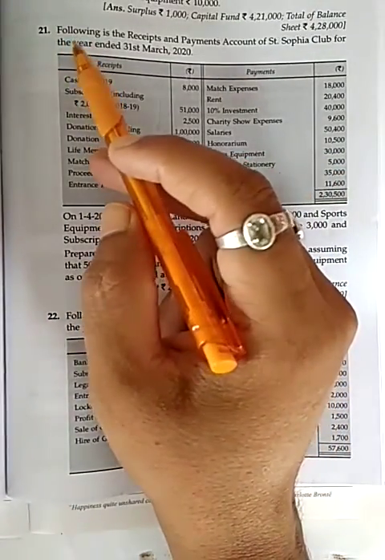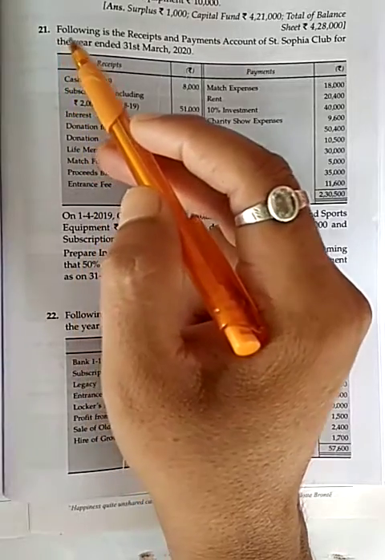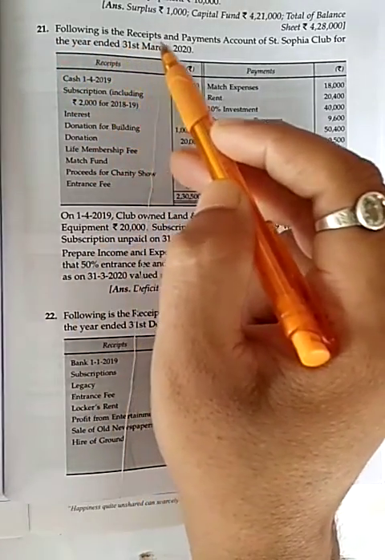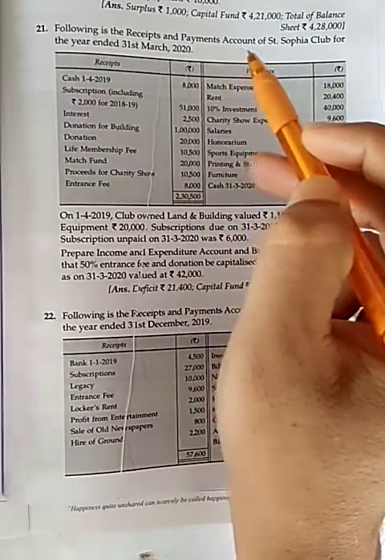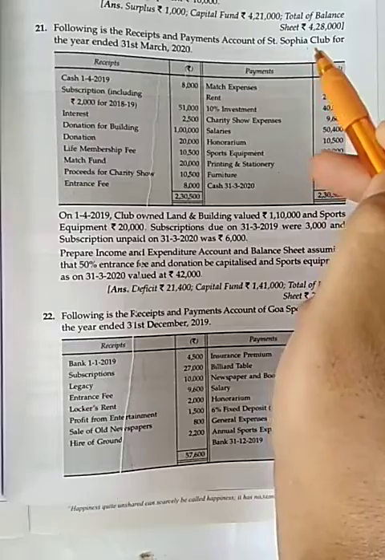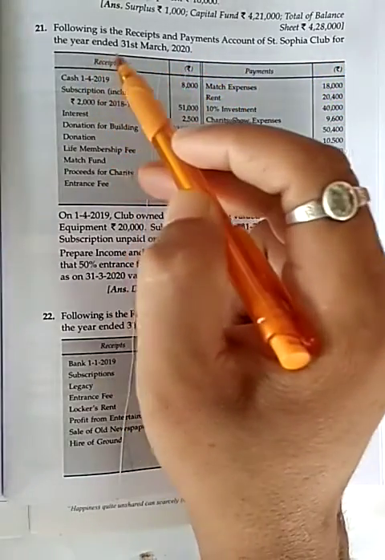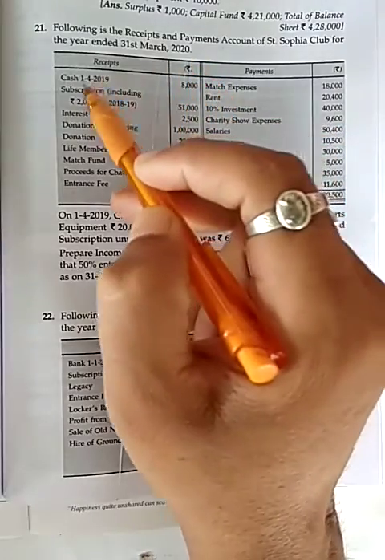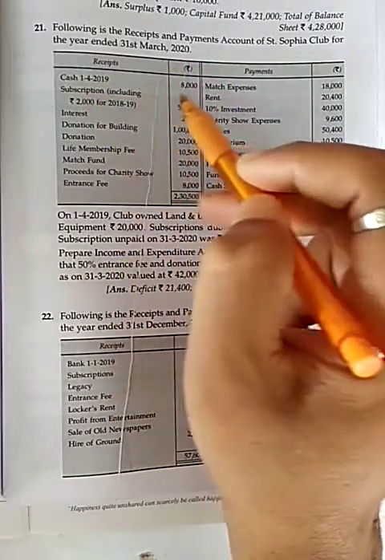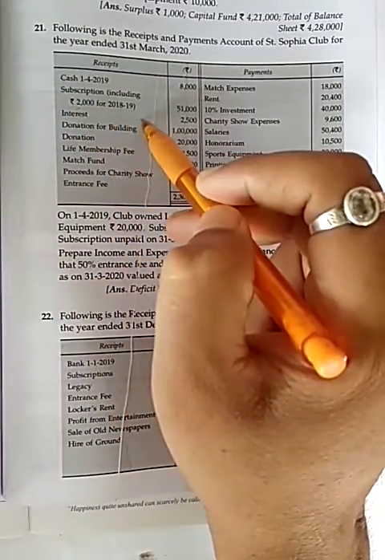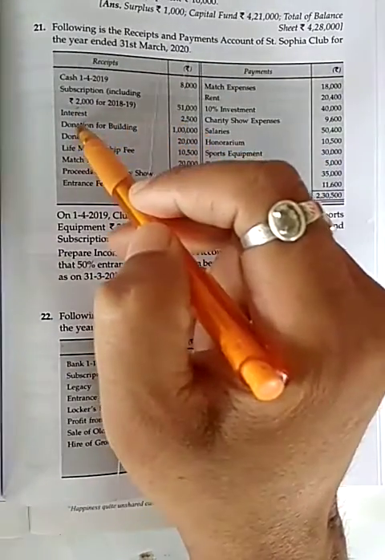This is your question number 21. Following is the receipt and payment account of Sant Sophia Club for the year ended 31st March 2020. Cash balance is given. Subscription including 2000 for 18-19.